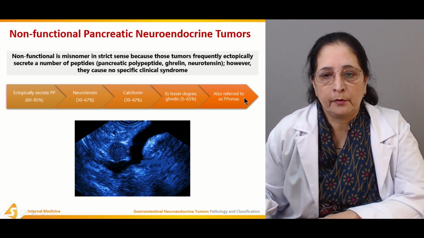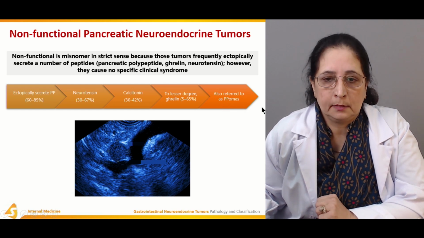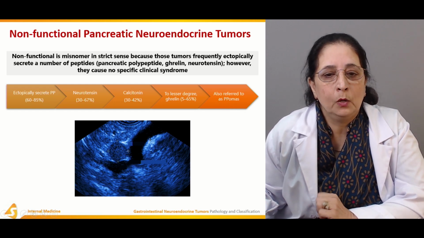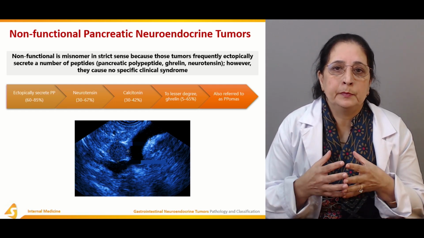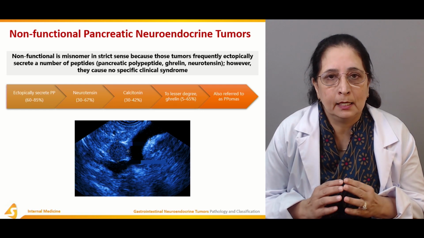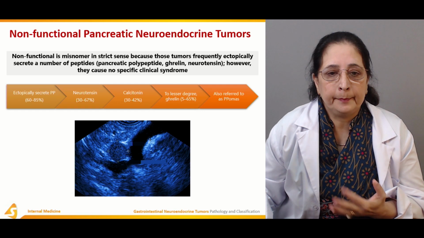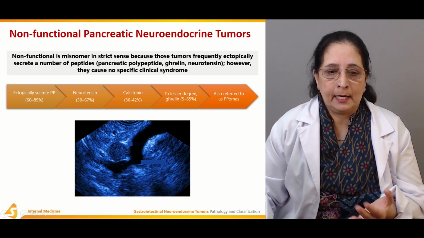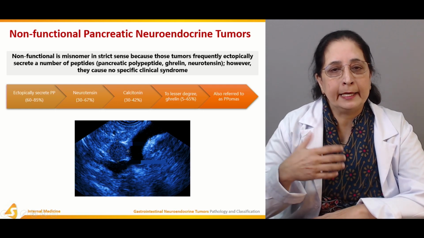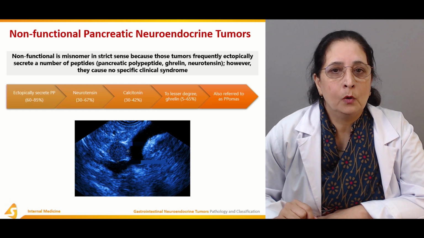They are also referred to as PPomas. So these are some peptides produced by the pancreatic neuroendocrine tumors: polypeptide, neurotensin, calcitonin, ghrelin, and they are known as PPomas.